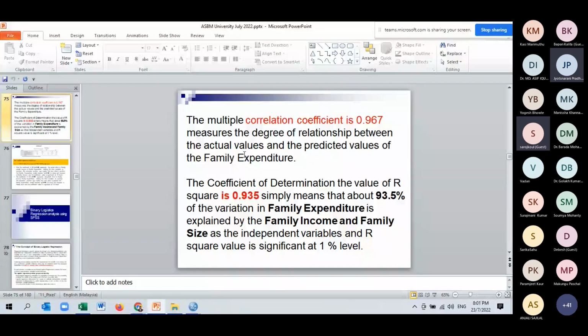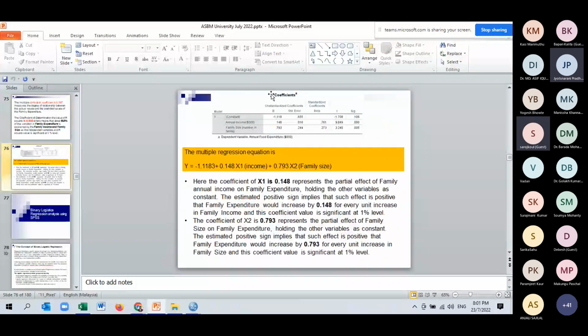The coefficient of determination, R square, is 0.935, meaning 93.5% of the variation in family expenditure is explained by family income and family size, the independent variables. R square is significant at even less than the 1% level of significance. Based on this, we can write the equation.